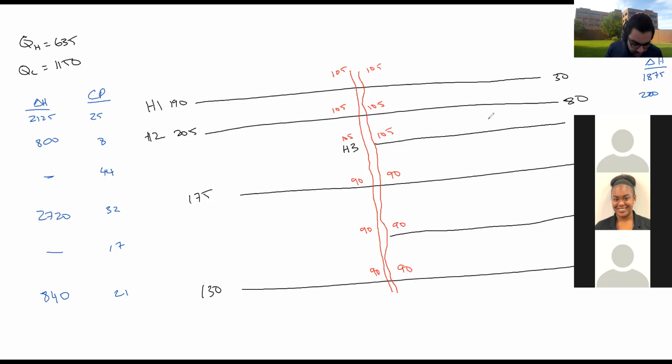For H3, 105 minus 55 multiplied by 44, which is 2200. For C1, 90 minus 65 multiplied by 32. So this is 800. C2, 90 minus 15 multiplied by 17. This is 1275. And then finally C3, 90 minus 40 multiplied by 21. This is 1000.